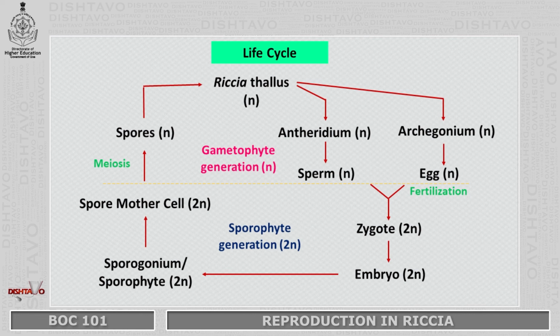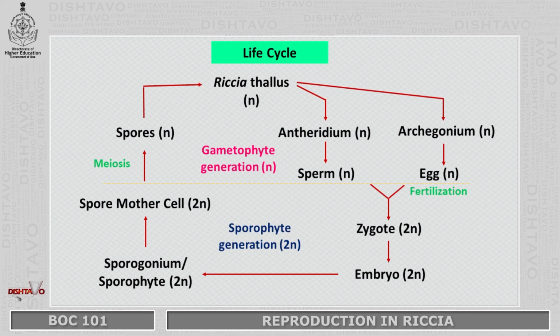So once sperm and the egg mature, the fertilization will result in the formation of a diploid zygote. The zygote will show repeated division to form the embryo, that is also diploid. Embryo will get transformed into sporogonium, that is nothing but the sporophyte, that is also diploid.